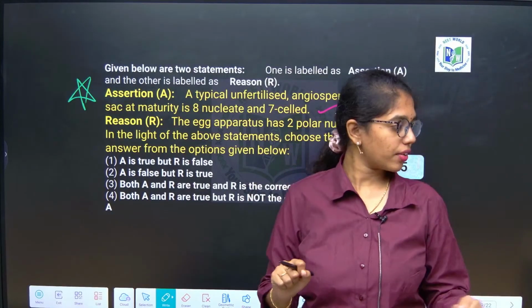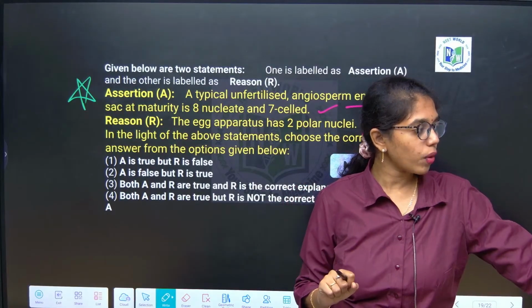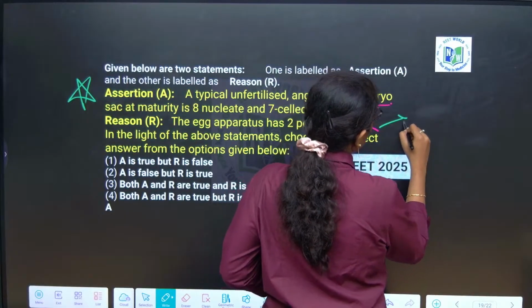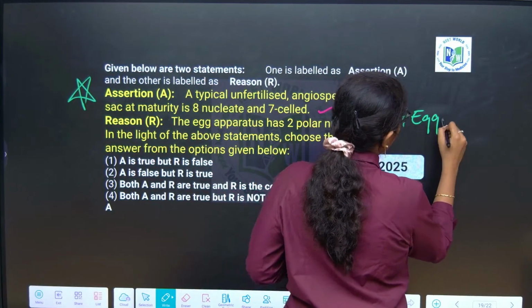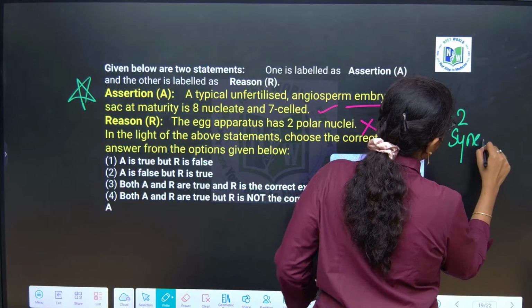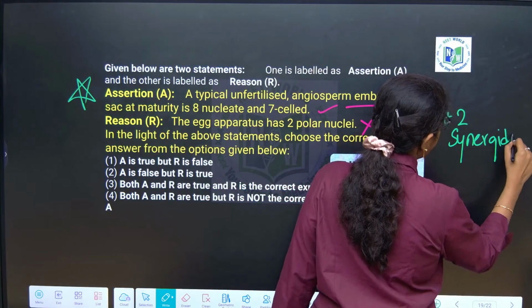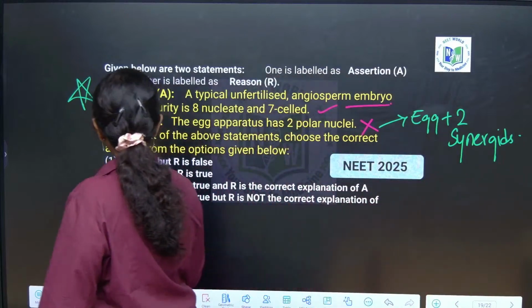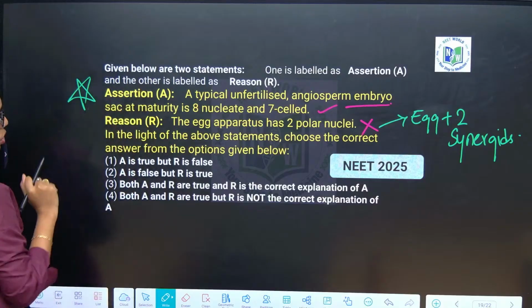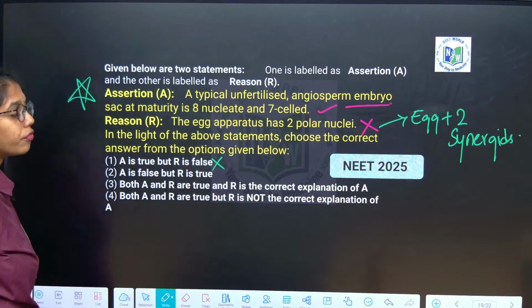Just now we have seen, egg apparatus will have one egg cell plus 2 synergids. That is it. So, the right answer is: assertion is true and reason is false.